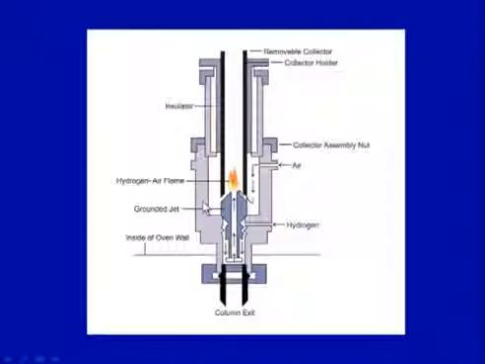If you see the very simple schematic here of the flame ionization detector, you can see there is a flame here and a collector assembly with a wire. What happens is that as the exit material is put in this flame, it ionizes, then current is passed and the signal is recorded, and like I said, it is destructive. There is a grounded jet, hydrogen is supplied from here, and air is supplied for the flame.